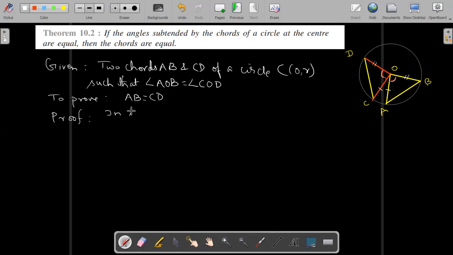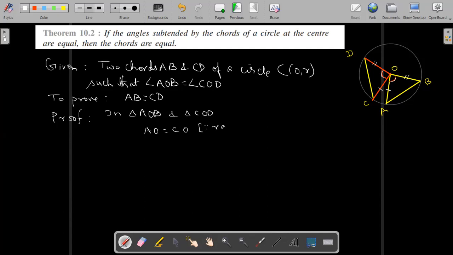So in triangle AOB and triangle COD, first I have taken AOB, so AO will be equal to CO. Why?